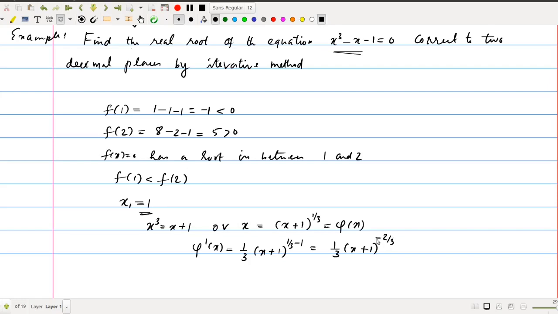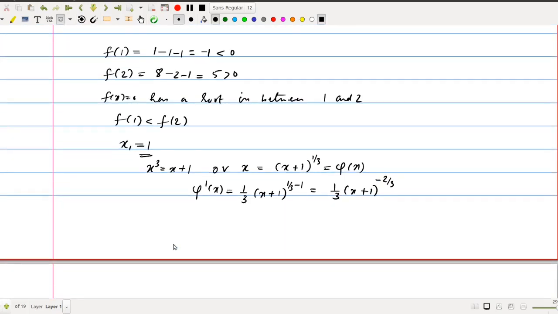Now evaluate phi dash x at x equal to 1. Our intention is to evaluate the modulus of phi dash of x1, that is phi dash of 1. Phi dash of 1 is equal to 1 by 3 times 2 to the power minus 2 by 3, that is equal to 0.21.